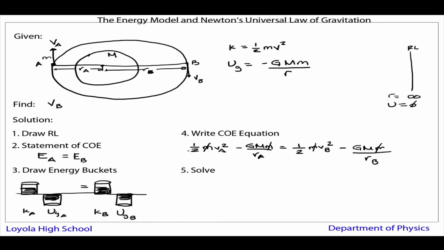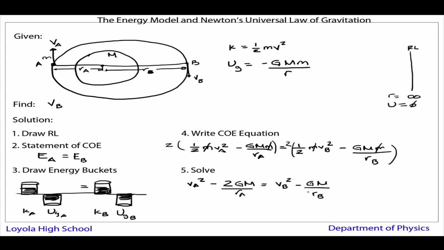I see a 1/2 here, so I'm going to multiply both sides by 2 to get that out of there, just to simplify the math a little bit. So the solve part is VA squared minus 2, there's that 2 I just multiplied, GM over RA equals VB squared minus 2 G capital M over RB.